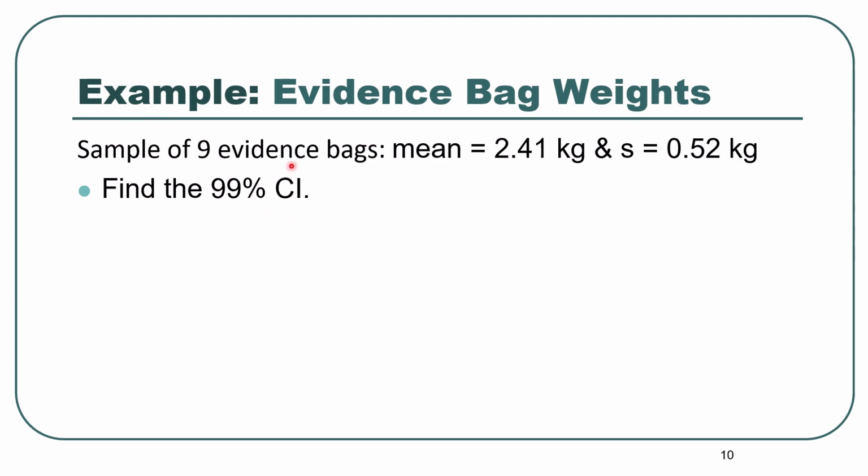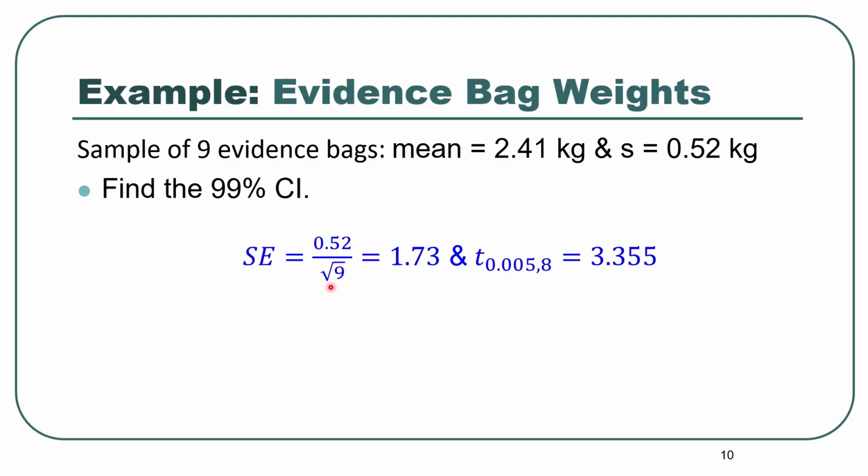I'm going to put all of these numbers in my formula for creating the confidence interval for the unknown parameter mu, or the true mean. SE is S over the square root of n again, and it will give you that value.